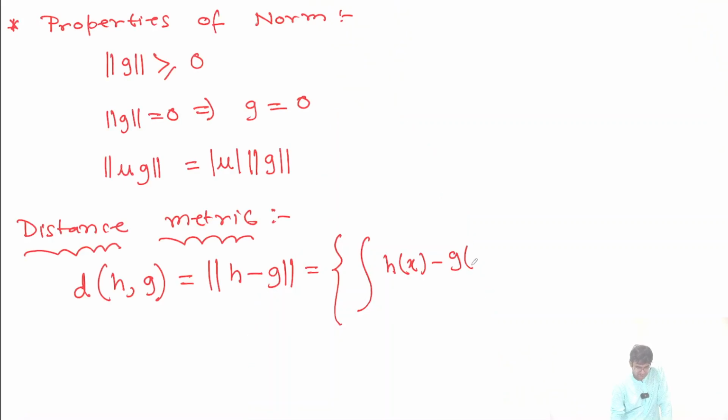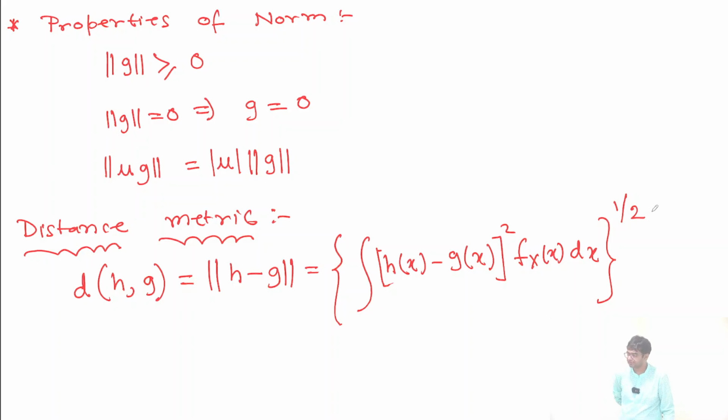So this will become norm of h minus g, which is equal to the integration of h(x) minus g(x) whole square, times f_X(x), dx, to the power half, right?